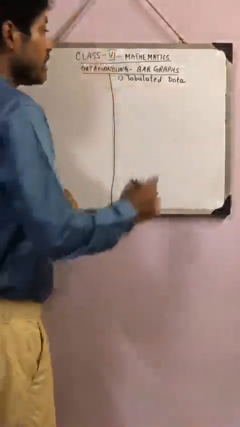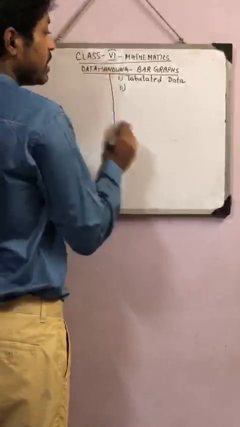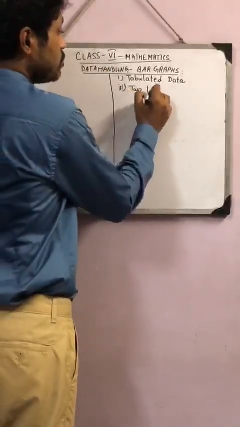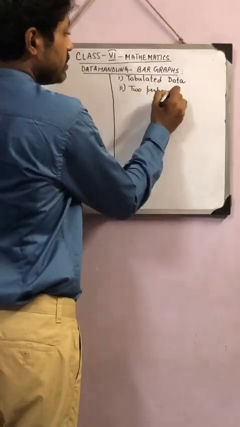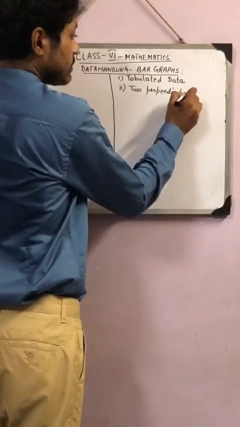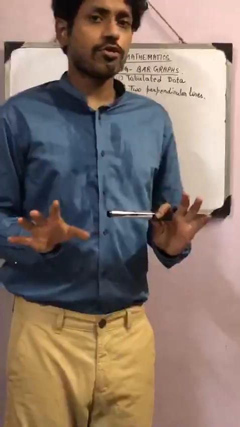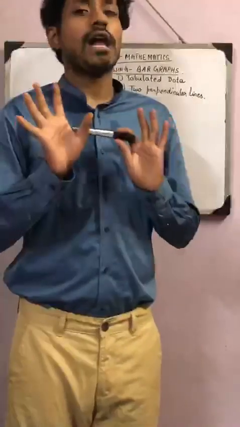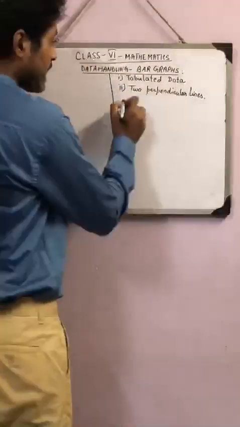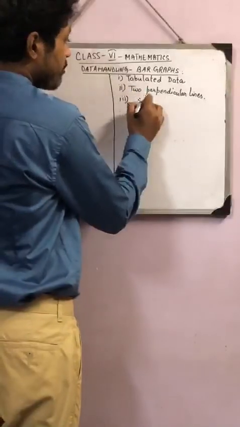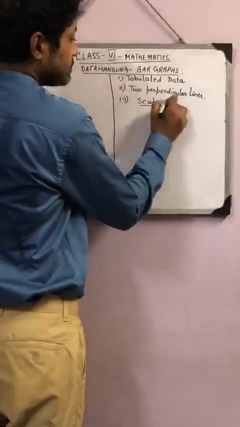What is the second requirement? The second requirement would be drawing two perpendicular lines. How to draw two perpendicular lines, I'll explain. Just hold on. And the third part would be drawing a scale.